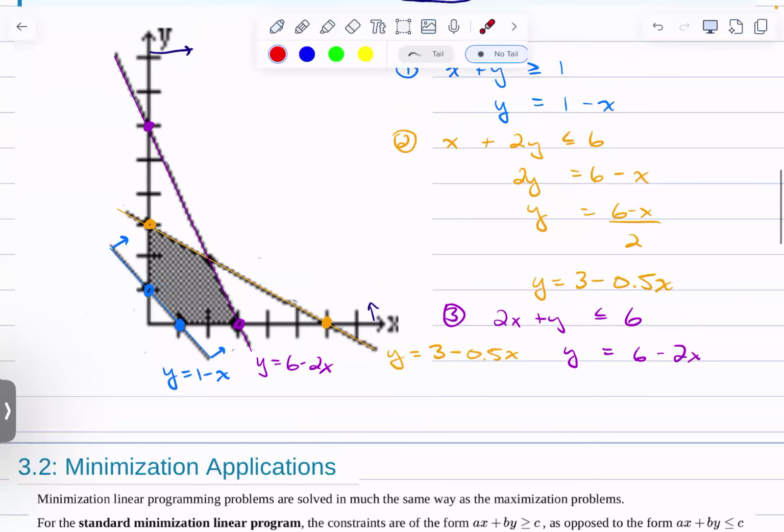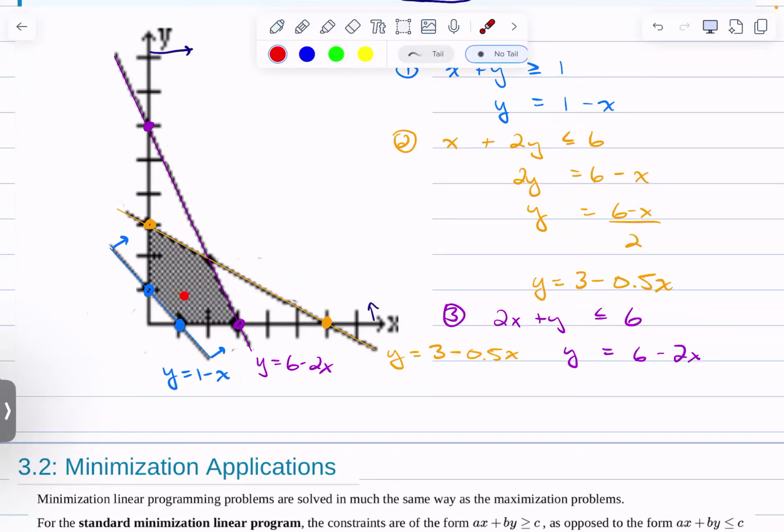How about you talk yourself into the orange one? Aren't you glad that we've drawn it? So here, x plus 2y has to be less than or equal to 6. So let's pick a point that is on this side of the line. 1, 1 might be a good point, right?